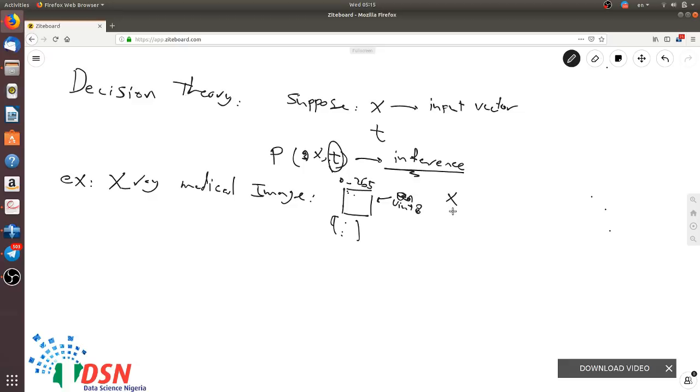And t is the class of this X-ray medical image, which we want to classify: if it is 0, somebody is normal, and if it is 1, somebody has cancer.